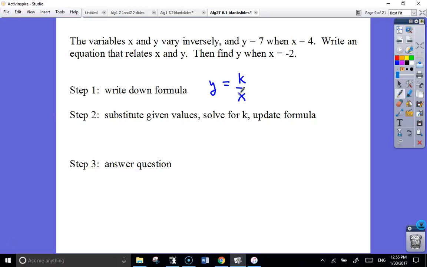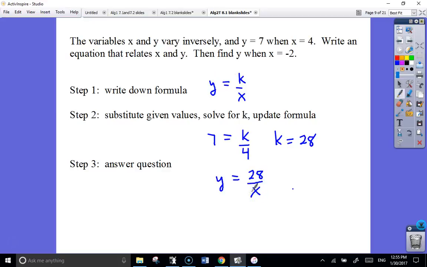The second step is they give you the values of the variables at one point so you can solve for k. Now you can solve for k. In this case, k equals 28. So we can update our formula. It was y equals k over x. Now I can say this is y equals 28 over x.